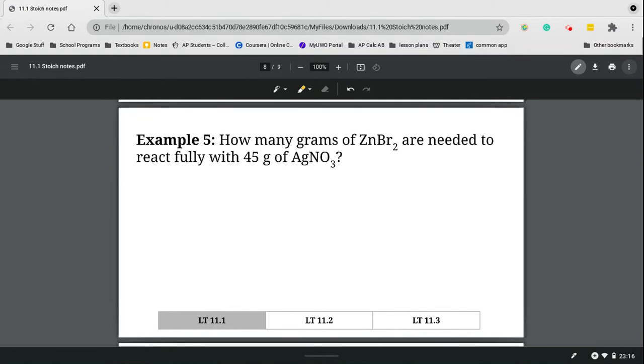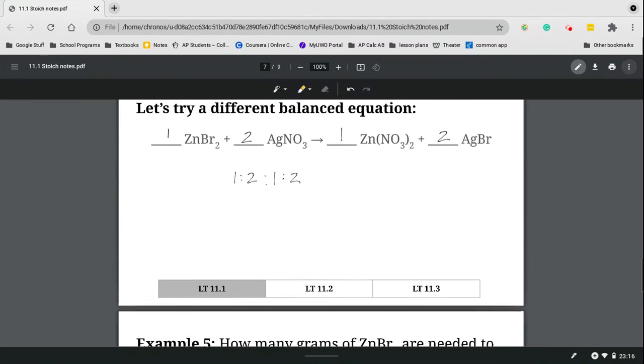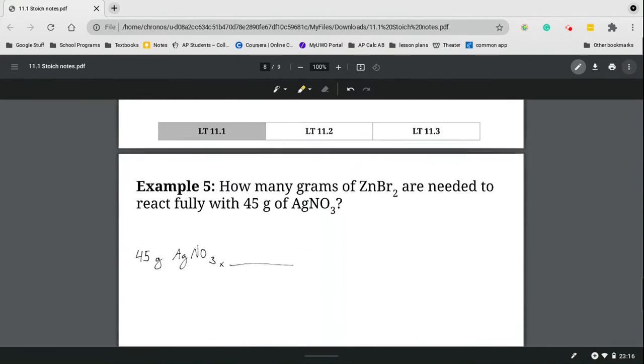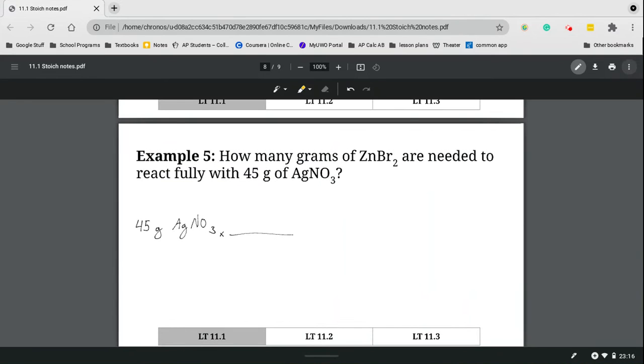So fifth example, how many grams of ZnBr2 are needed to react fully with 45 grams of AgNO3? So we start with that 45 grams of AgNO3. And so we have to go through the mole ratio on this one that we get from this equation before we can convert to grams.